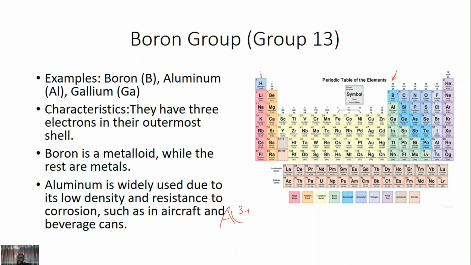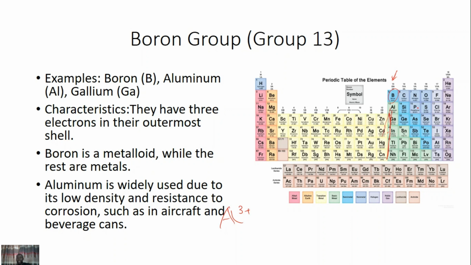In this group, boron is a metalloid. I explained what a metalloid is earlier in the first slide, while the others are metals. All the remaining ones, aluminium, gallium, and the rest, are metals.